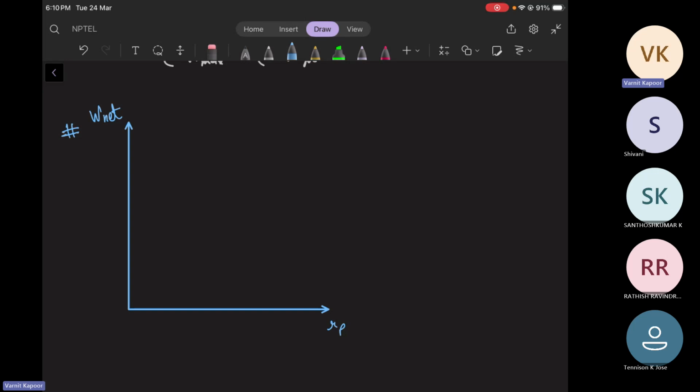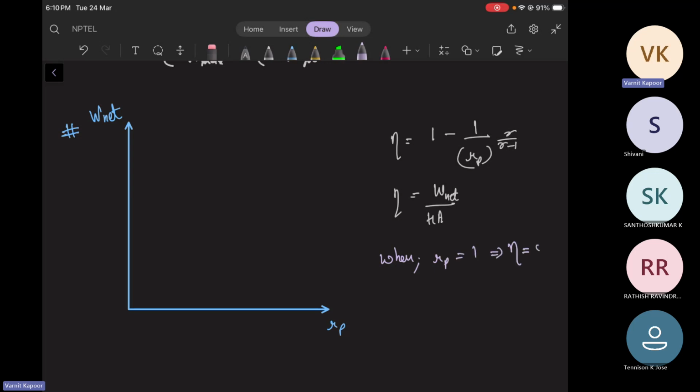So we know that efficiency is nothing but 1 minus 1 by RP to the power of (gamma minus 1) by gamma. We have derived this expression. When I say that efficiency is nothing but equal to work net by heat added, when RP is equal to 1, we know that efficiency will be 0.